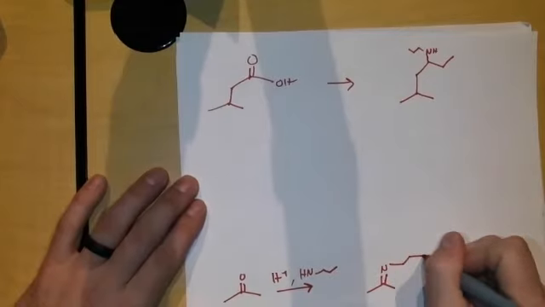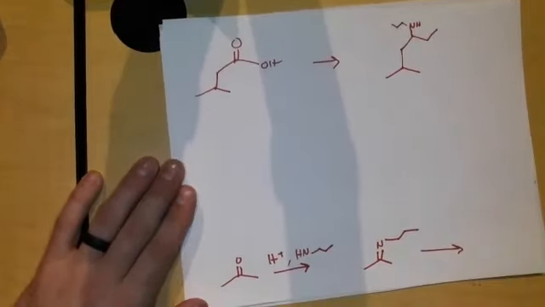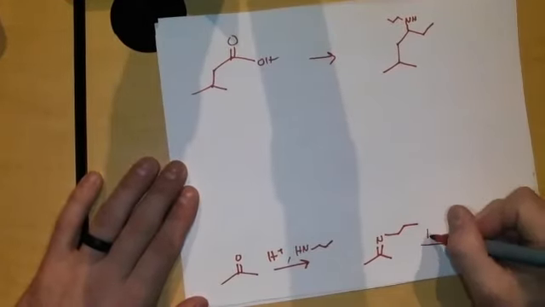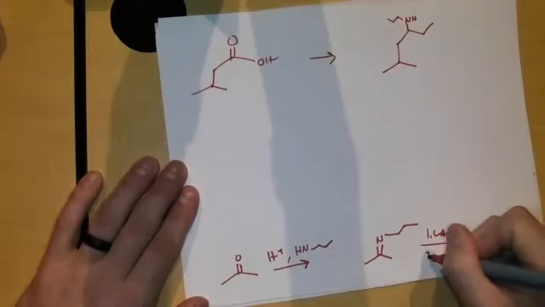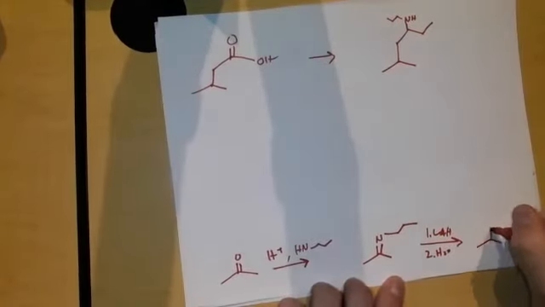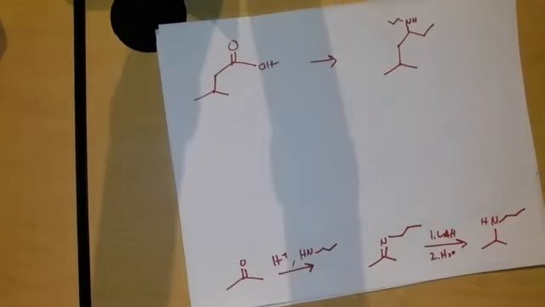It's kind of an obvious reaction if we think about it, but throwing an LAH with an imine here will reduce this, just like it would for a carbonyl. So that's another way for us to make amines. So we can throw that into one of these reactions here.